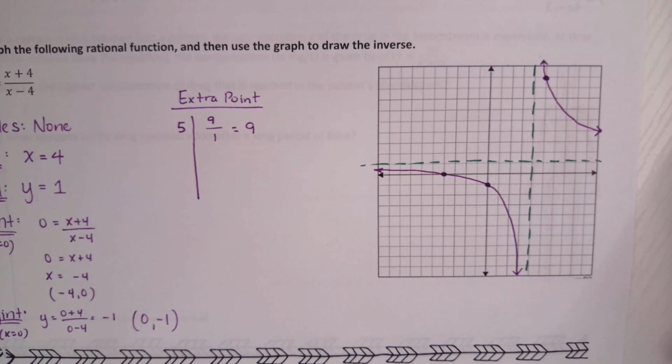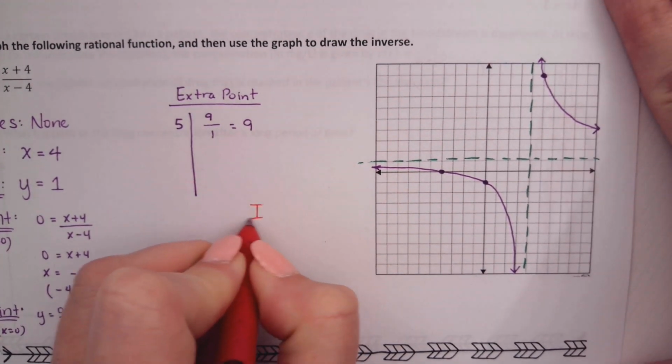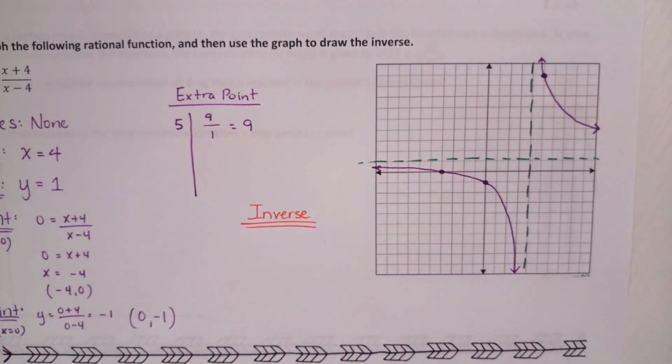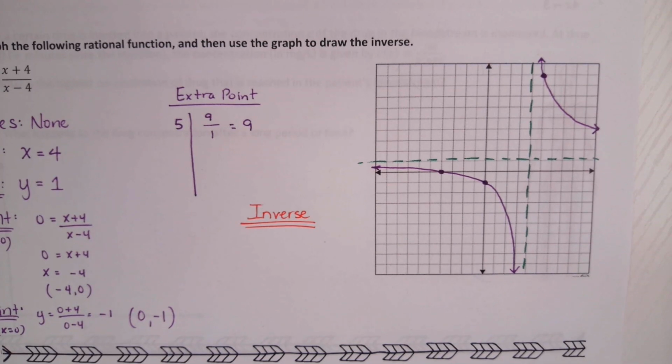Okay, so now thinking about an inverse. Let's do the inverse in a different color. I'm going to do the inverse in red. So for an inverse, what happens to the points on an inverse? They're backwards.